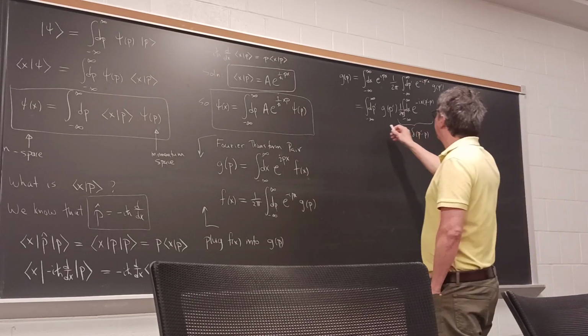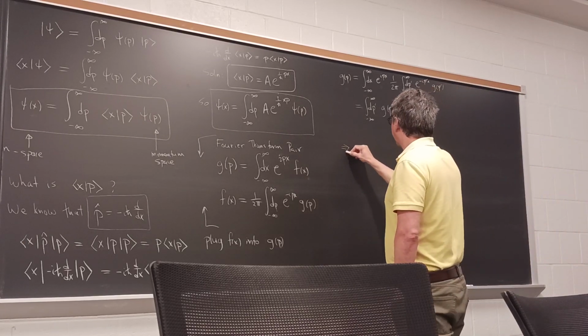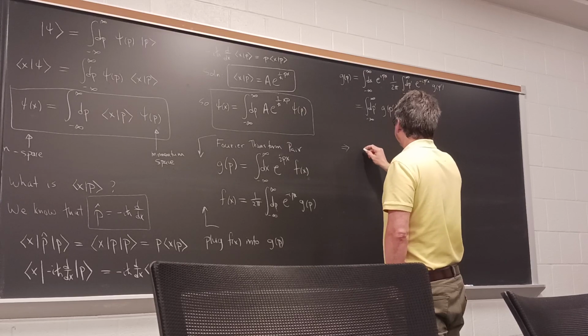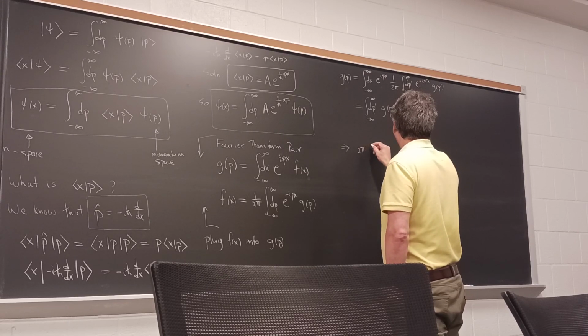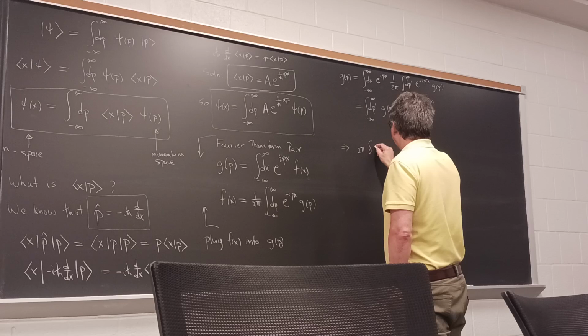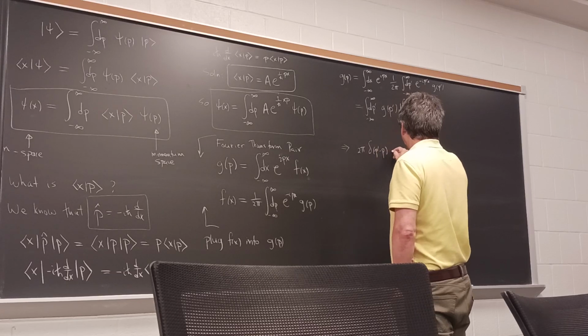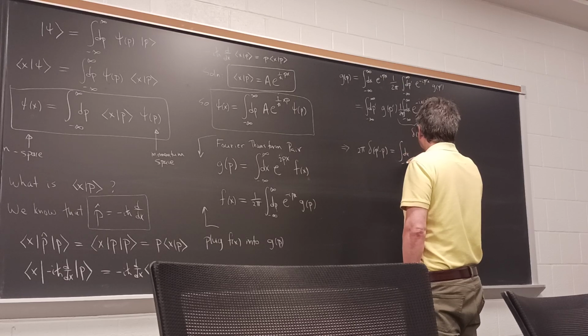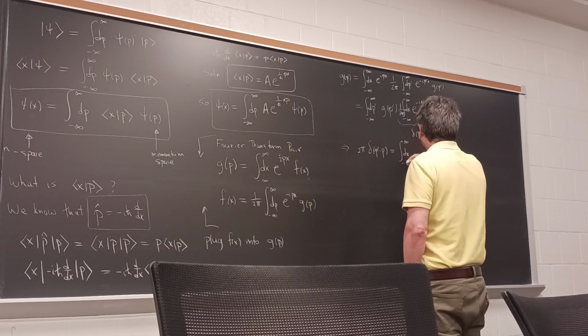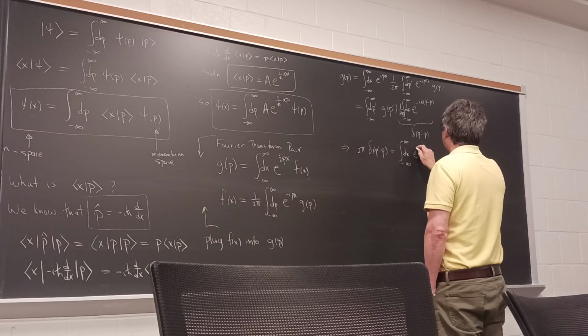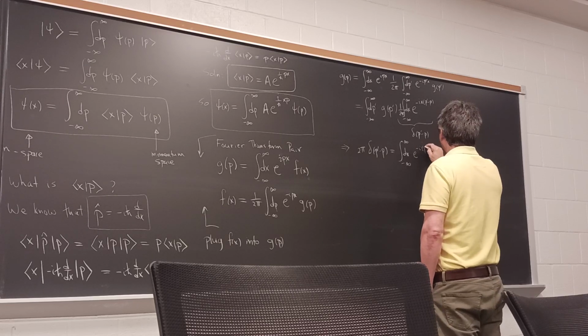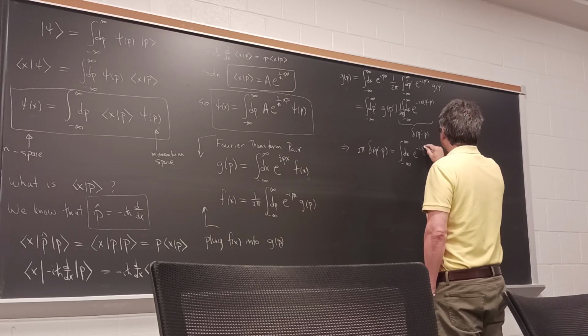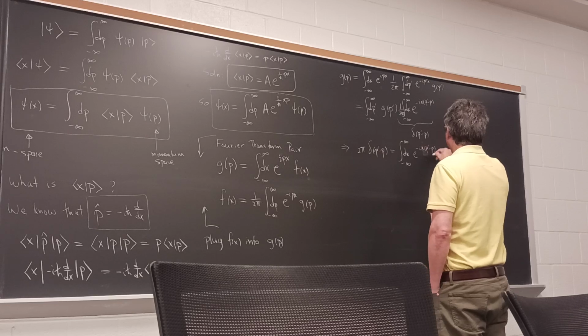Okay, so that means we have an integral representation here. So we have 2 pi times delta of p prime minus p is equal to the integral over dx from minus infinity to infinity of e to the minus i x (p prime minus p).